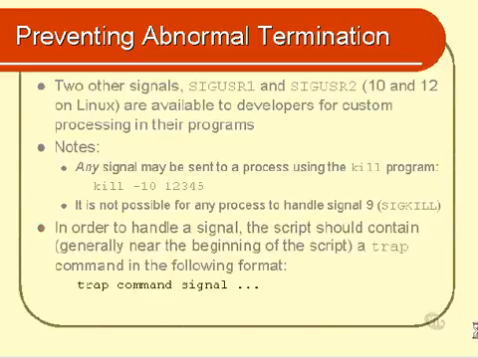You specify as the first parameter the command that should be run upon receipt of the signal that you specify, and then you specify the signal or signals. You can actually specify several signals on the one trap command line, and the same command that you specify will be run upon receipt of any of those signals.